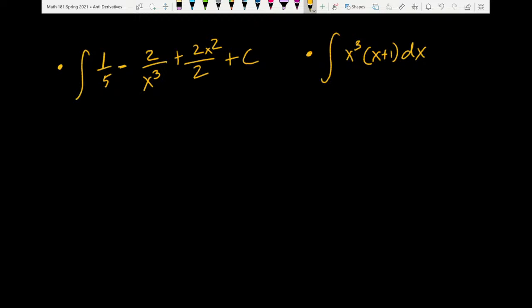All right, do the antiderivative for these. Plus x squared dx, there you go. All right, do the integral for that.